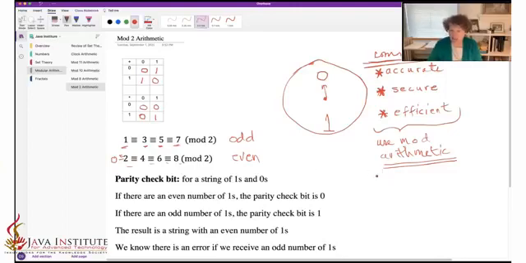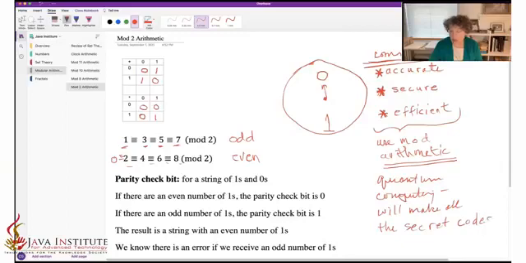And quantum computing is going to make all the secret codes that people use now, and you may have heard of some of them, RSA, some of the other ones, all of the secret codes useless.